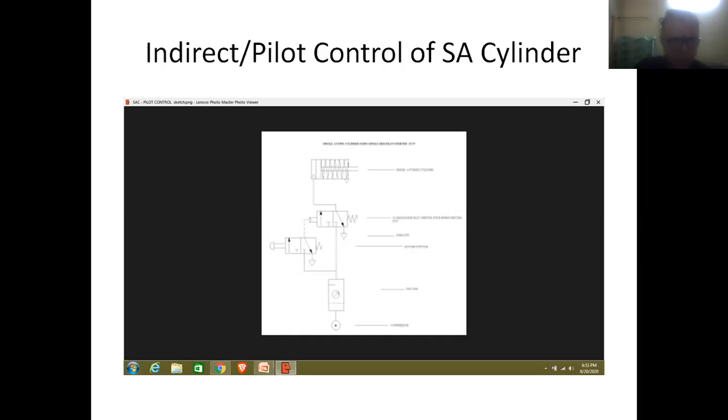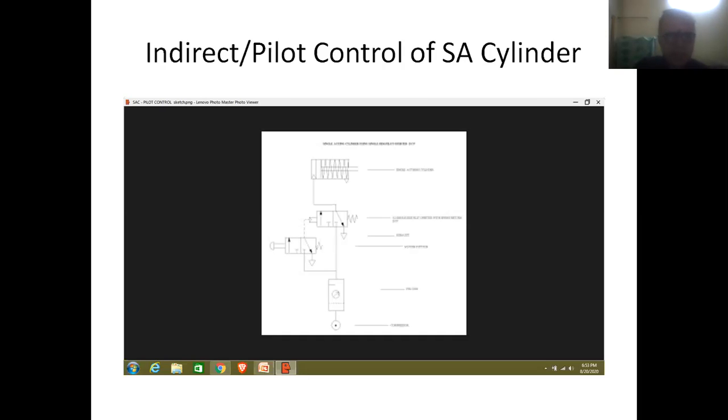The first pipeline is for sending the primary fluid into the DC valve, and the second supply pipeline is for sending secondary fluid into the pilot valve. So friends, this is the arrangement of supply pipelines so far as this particular circuit is concerned.